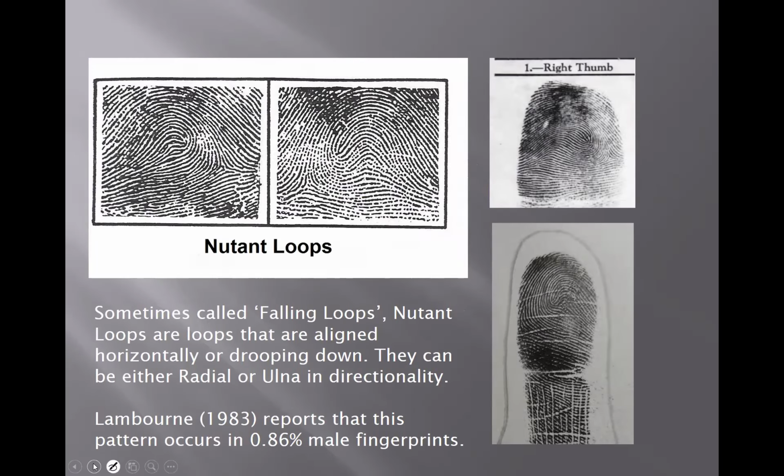The first one I want to look at is the Newton loop, and the Newton loop is obviously a kind of loop. And the loop pattern, as we know, has a triradius on the side like that.